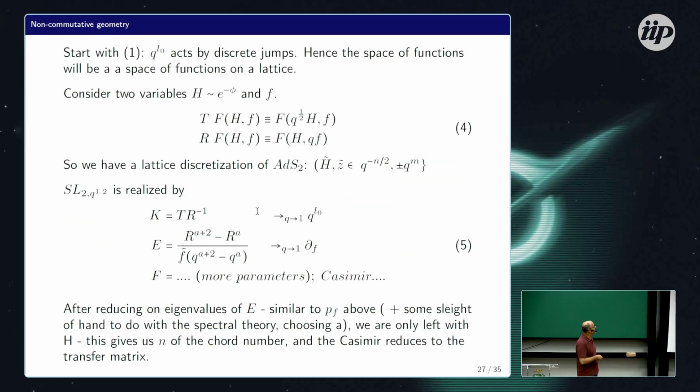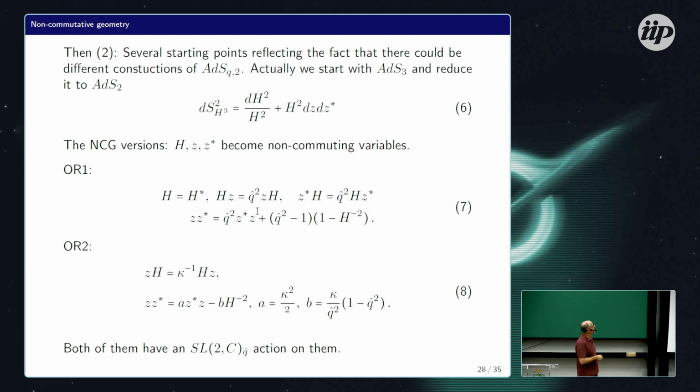And if you want to be a little bit more precise, you can write specific models for AdS2 using non-commuting coordinates. Here I gave the example of three-dimensional AdS3 because that's our starting point.